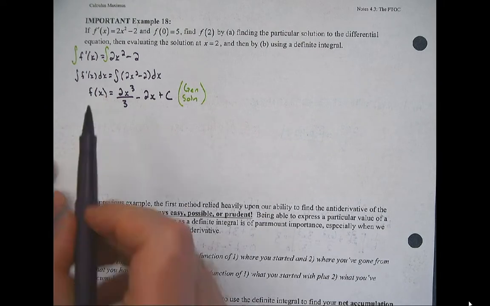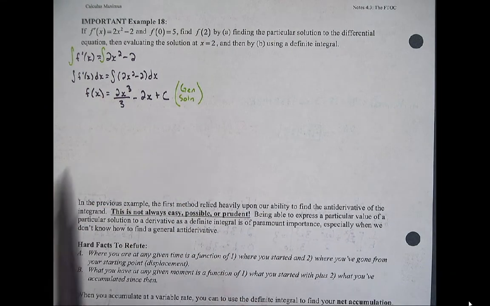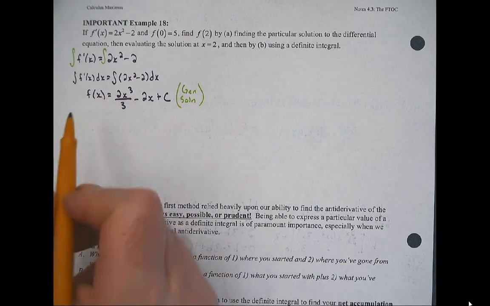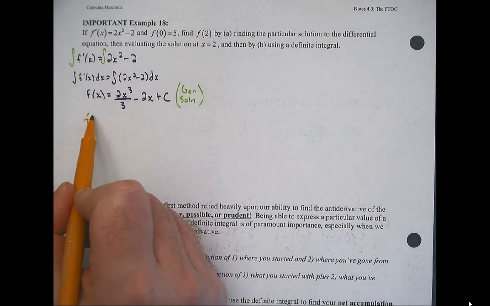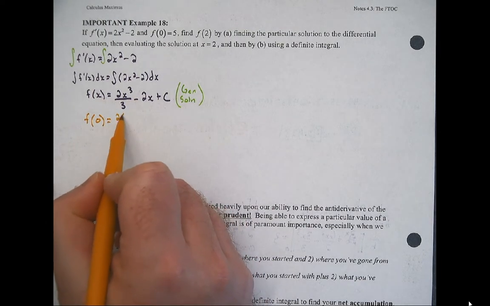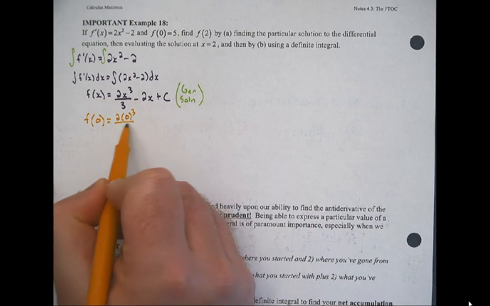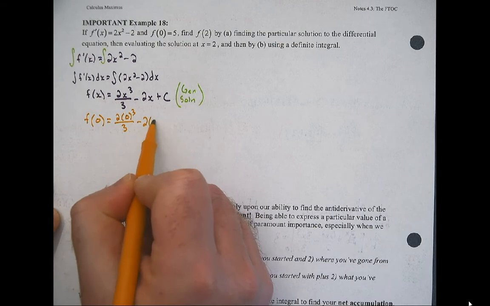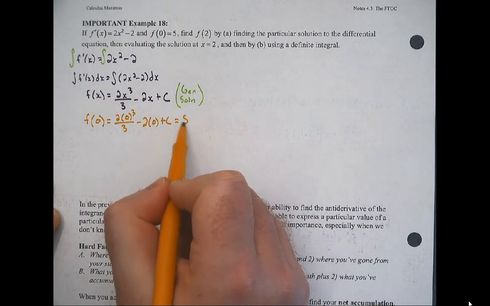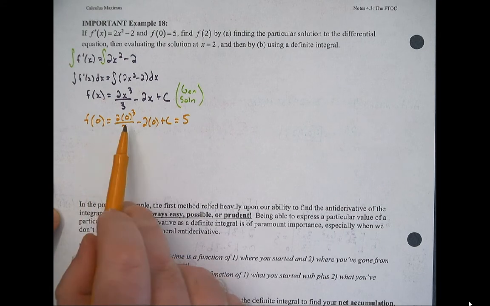So now I can plug in. I'm going to change the color up. f of 0 equals 2 times 0 cubed over 3 minus 2 times 0 plus c equals 5. Well, life is good. That's gone.